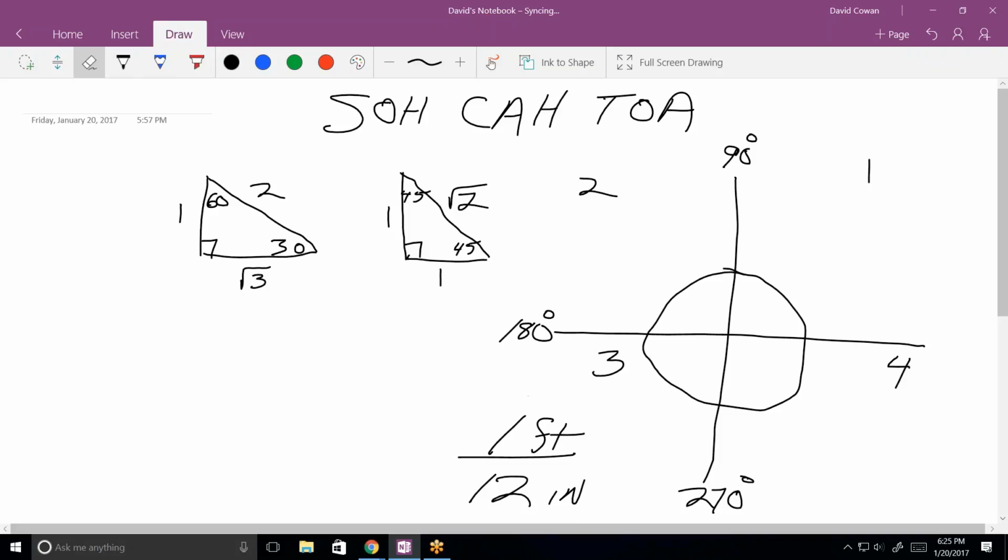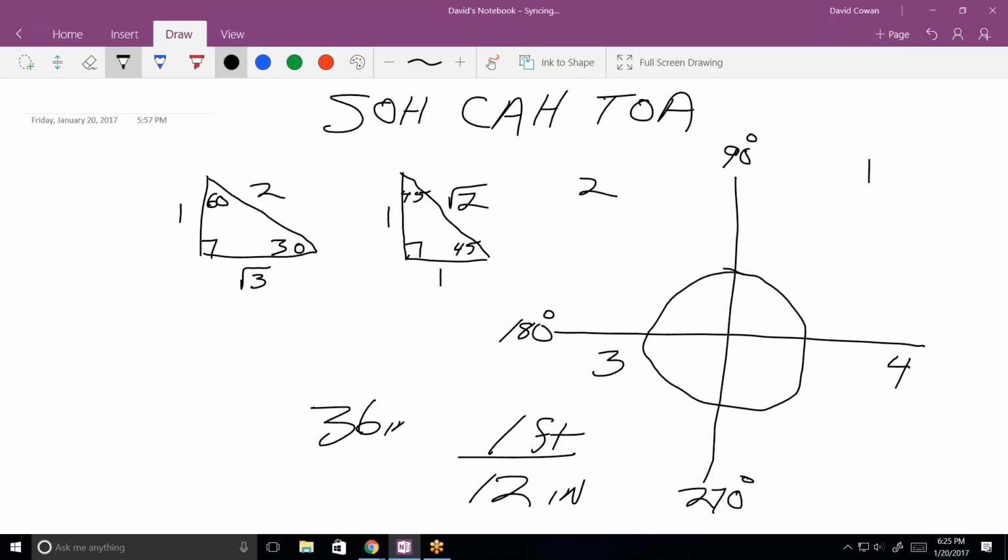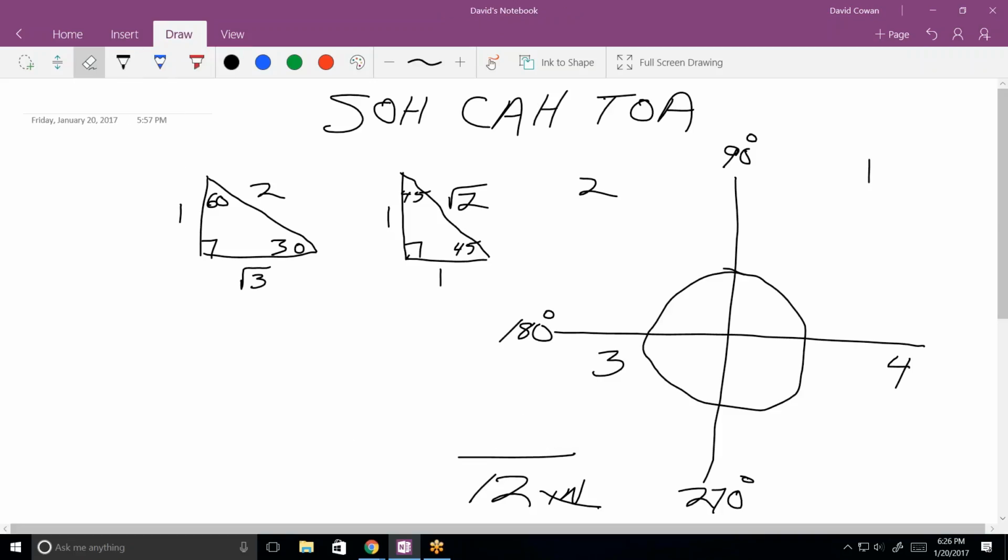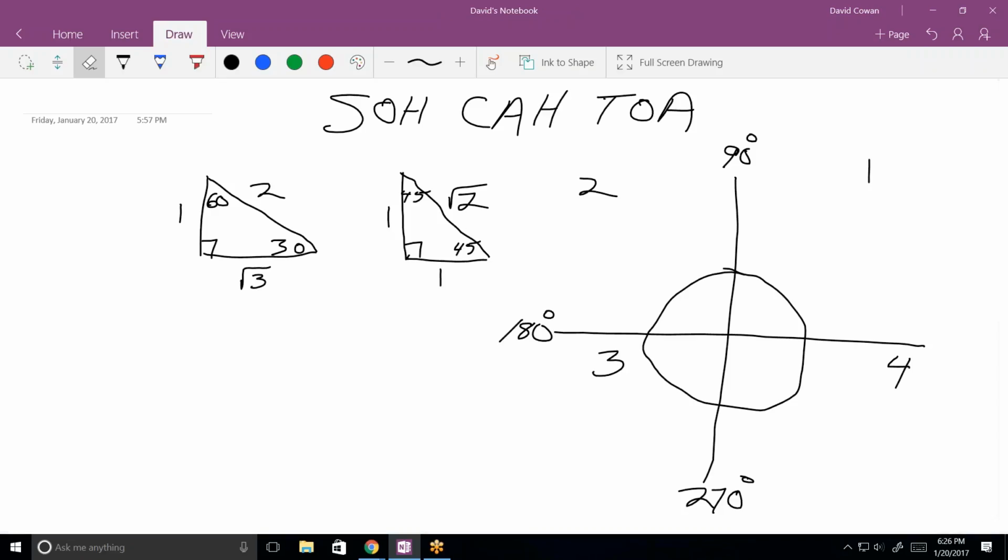In other words, I would use this one here if I was converting inches to feet because my inches cancel and I'm left with feet. And that's always the key when you're working with conversion factors. Never forget that. The units are very important because they tell you whether to make it 1 over 12 or 12 over 1. Same with radians and degrees. All right. Let's get back to the unit circle here for a second.